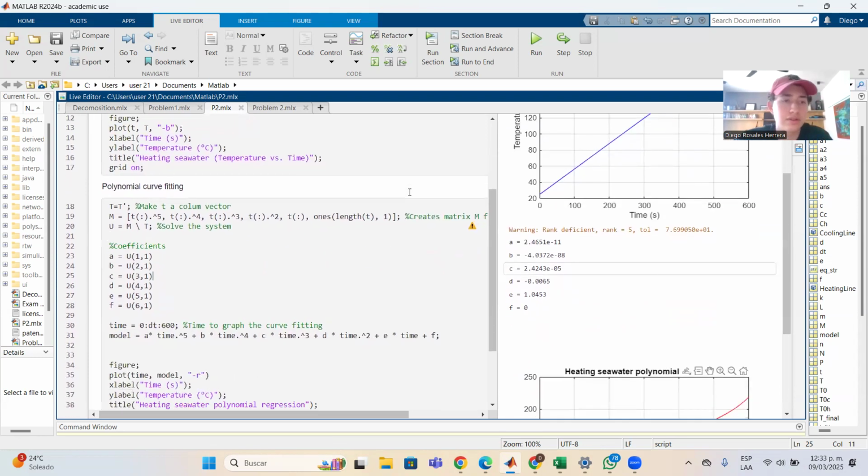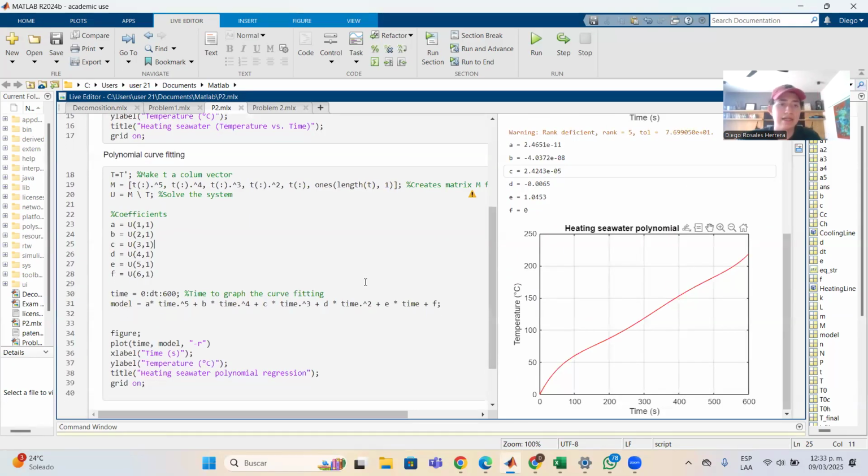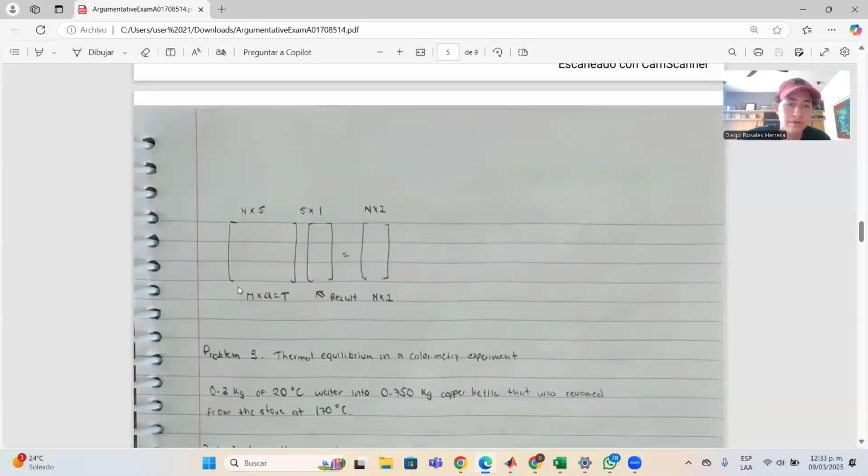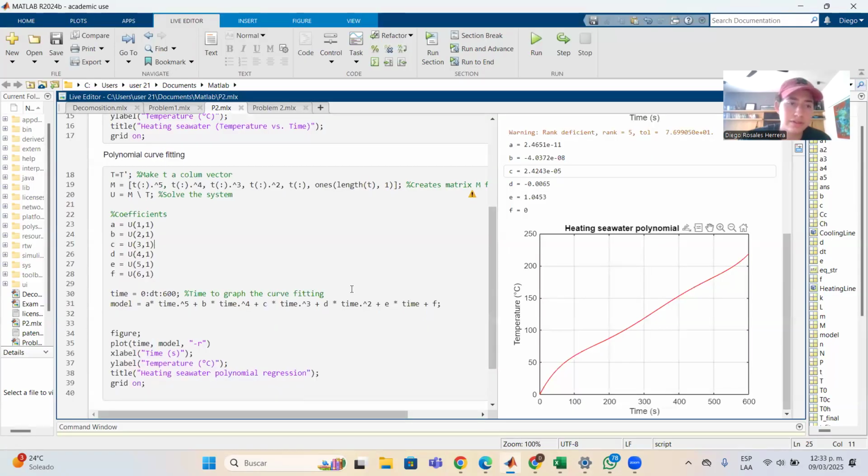Now, in order to solve the polynomial curve fitting, I had to make a vector, which is this right here, which does m times u equals t. So I'm going to show you how I did this process right here.